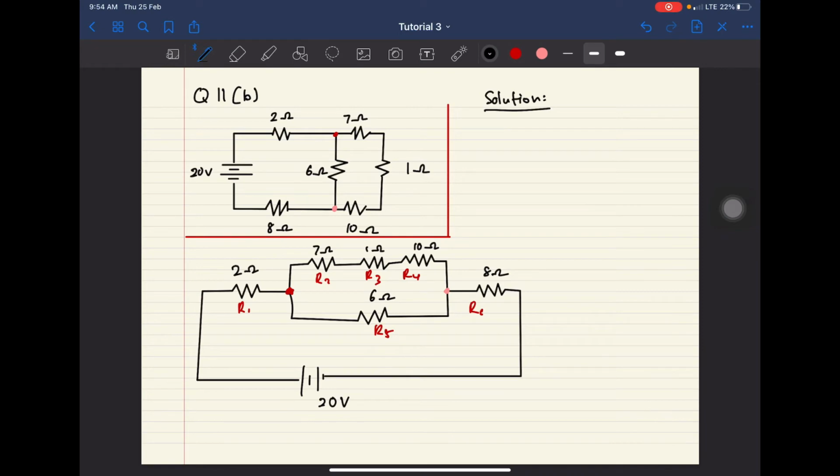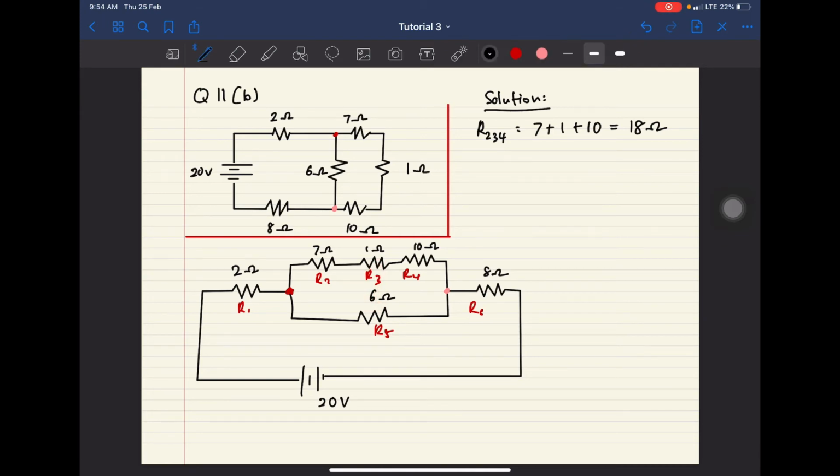Okay, to solve this one, again obviously you have to solve the R2, R3 and R4 first, and this one. So these three are in series, so simple solution. So it will be R234 equals 7 plus 1 plus 10, which equals 18 ohm. Okay, once you get that one, so basically this one becomes 1. Again, you can redraw that one, and then you can combine these two, which are in parallel.